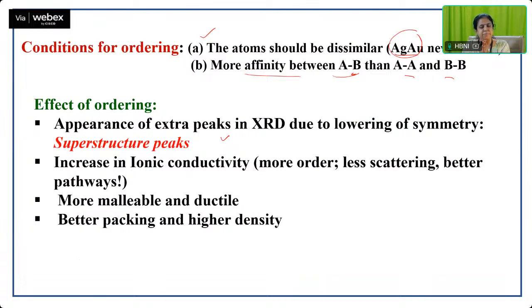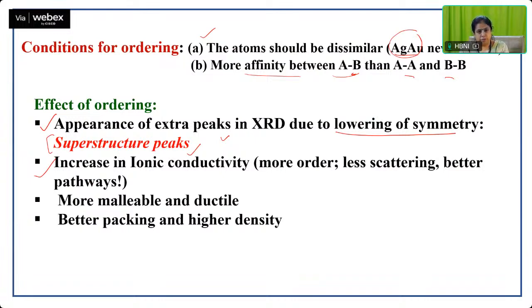That is, lesser symmetry means more peaks in the XRD pattern, and higher symmetry means fewer peaks because there are certain systematic absences. The extra peaks that you observe because of lowering of symmetry are called superstructure peaks, and the appearance of superstructure peaks is a clear indication of the occurrence of ordering or the superstructure in the material. So XRD can tell you if ordering is happening.